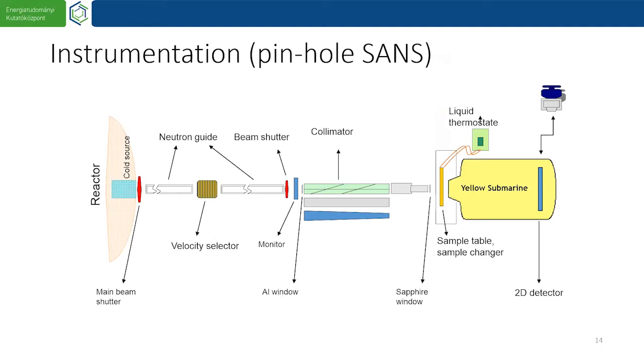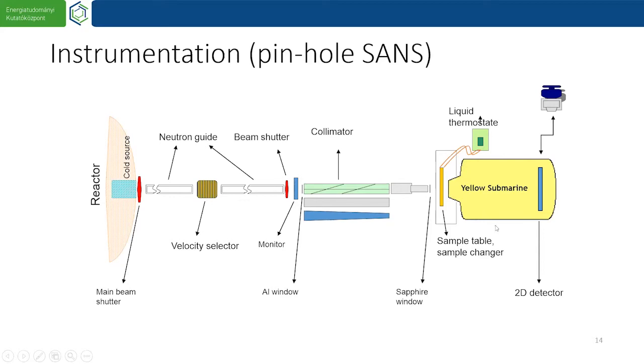It can move close to the sample, or it can move far from the sample. It can move between 1.5 meters, being placed here, or far away, to 5 meters. And by this we change the angles at which we can detect the scattered radiation.